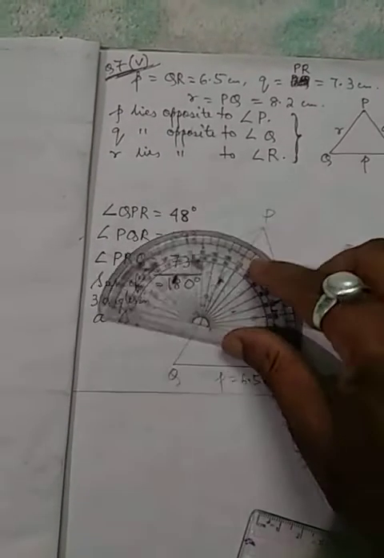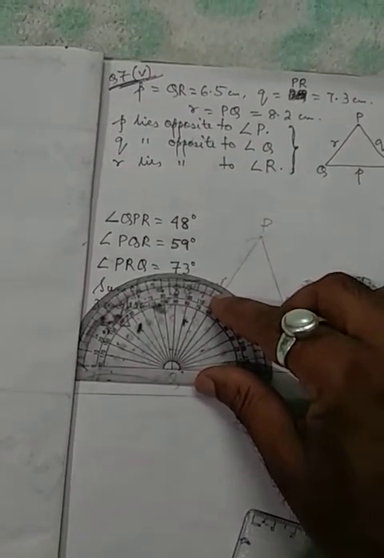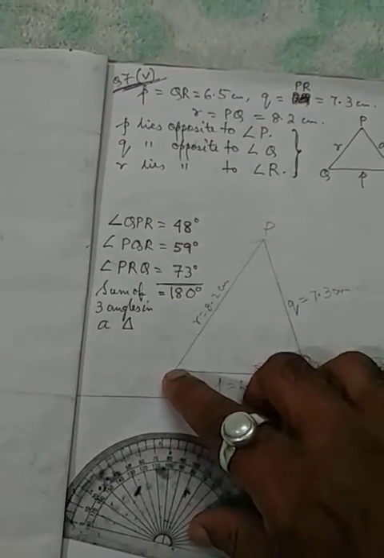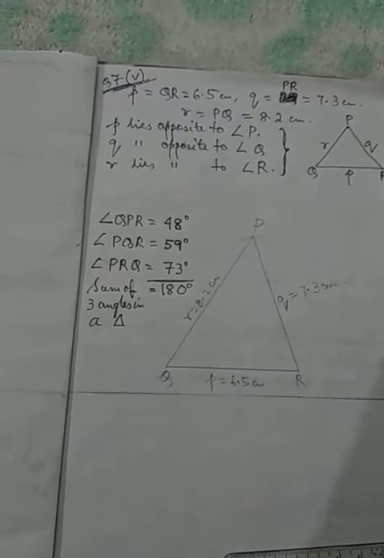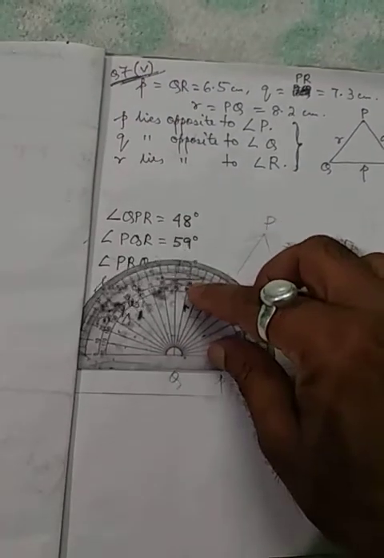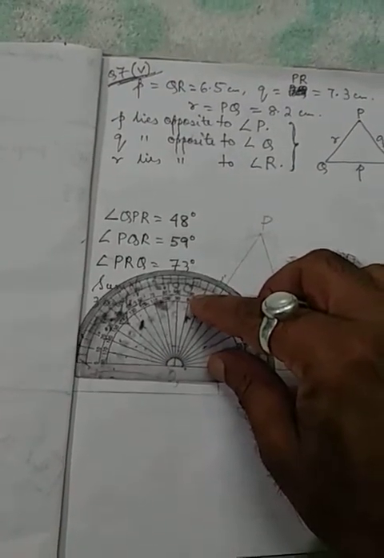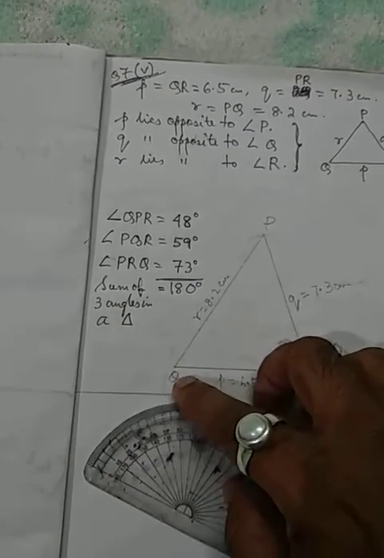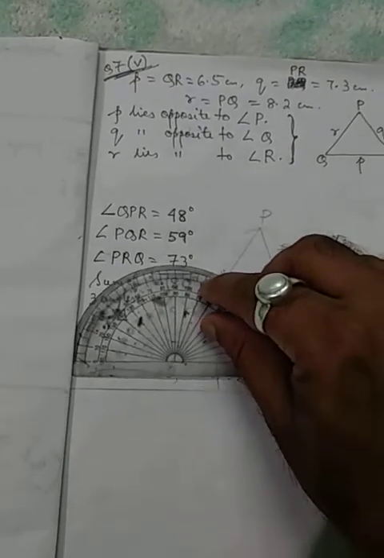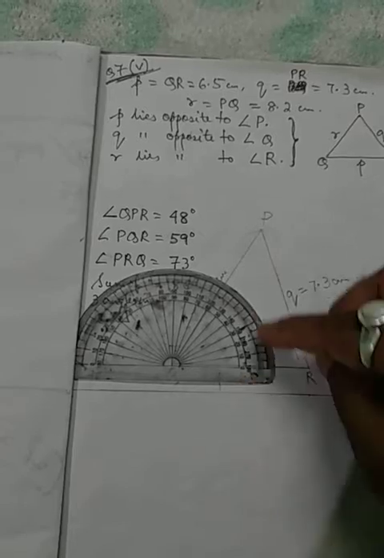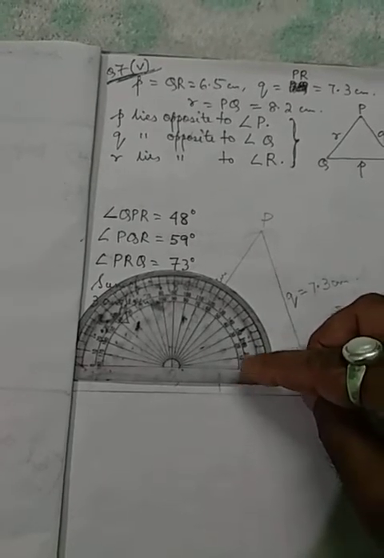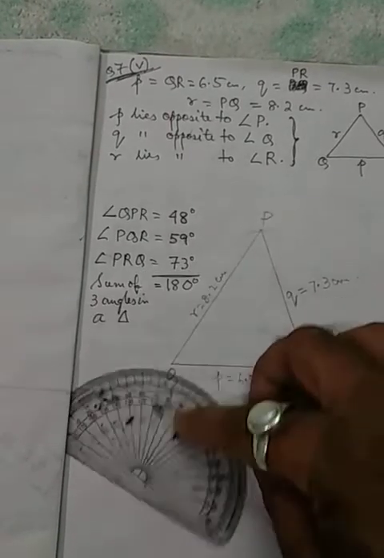So the vertex Q should be the center, the middle line of the protractor should fall on vertex Q, and then the angle is measured anti-clockwise: 0, 10, 20, 30, 40, like that.